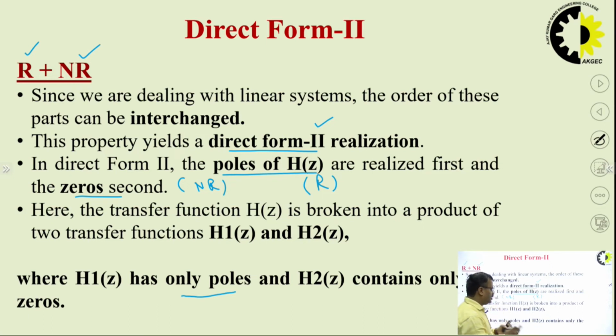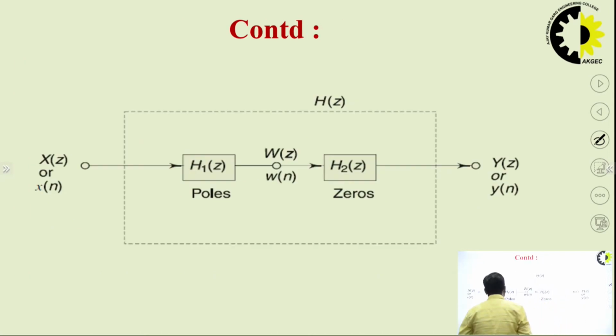If you interchange the recursive and non-recursive parts in realization of an IIR digital filter, then simply direct form 1 converts into direct form 2 structure. Now, this is our sample block diagram. Firstly, you have to realize the poles in recursive form, and secondly, the zeros in non-recursive form. Then you will have the direct form 2 structure.